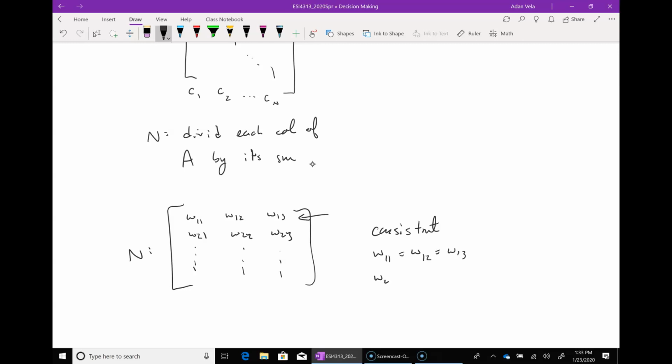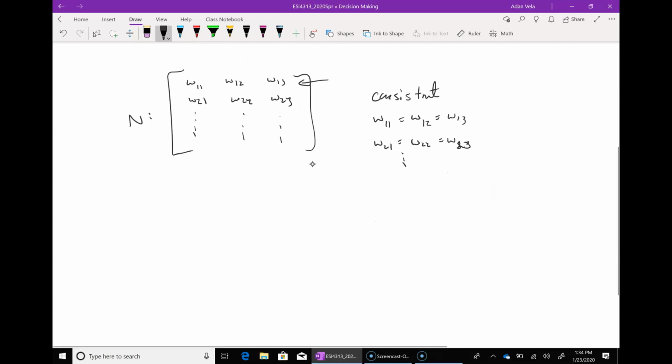Across the bottom row, we'd have W21 equals W22 equals W23, and so forth. Here we only have 3 factors, you can tell by the columns. But the more factors you have, this square matrix is going to grow, and you just want to make sure that all the values are the same across. Okay, so let's actually apply this to the problem that we stated before.